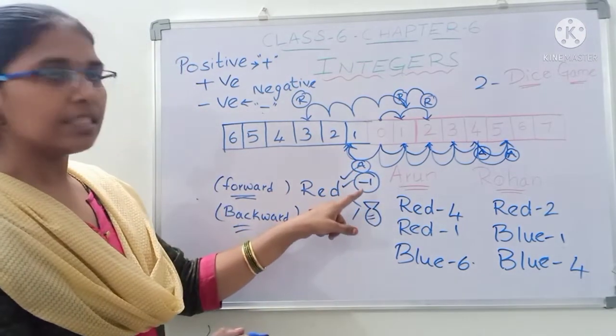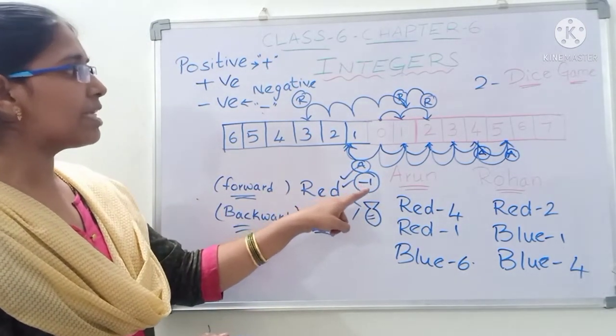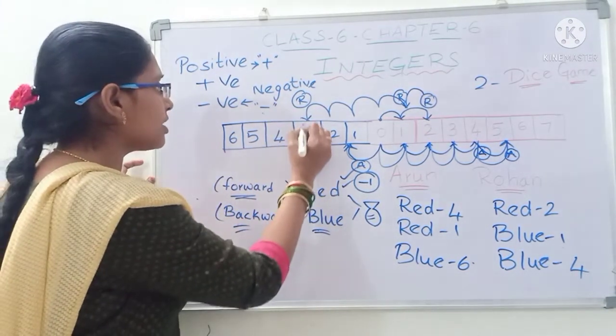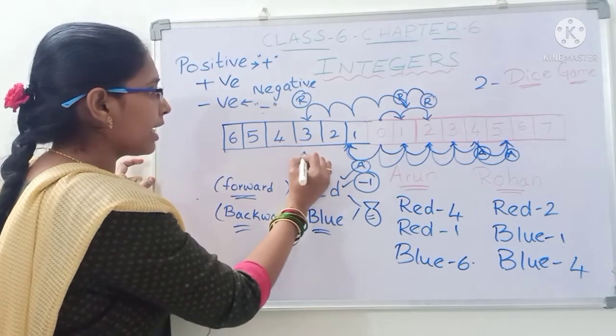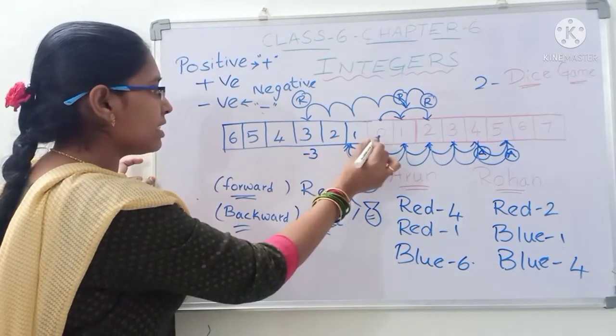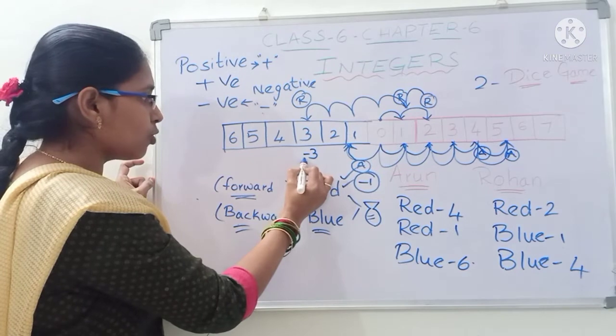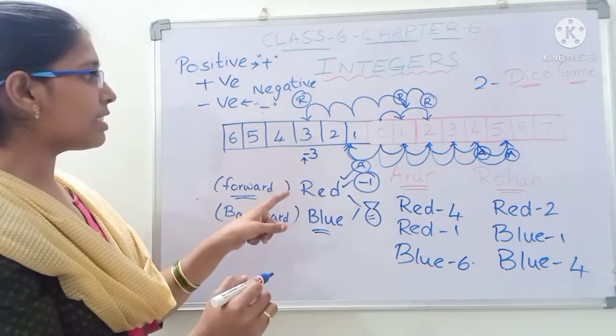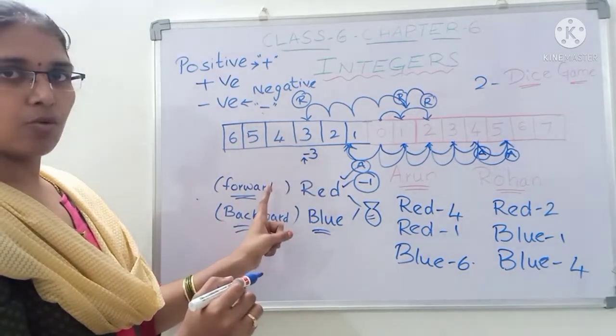Minus 1 means 1 step below 0. Here Rohan's position is 3 below 0, right? That means minus 3. So we should use the negative sign, minus 3. Minus 3 implies 3 steps below 0.